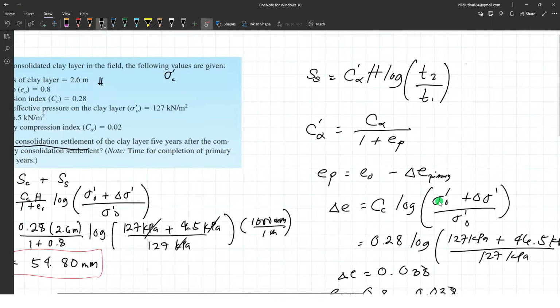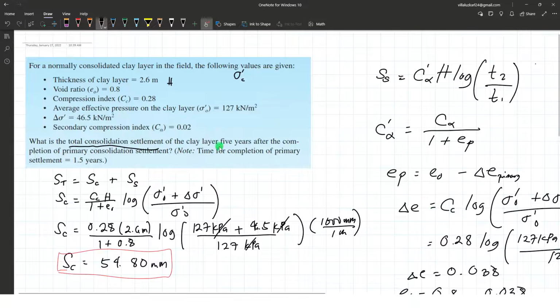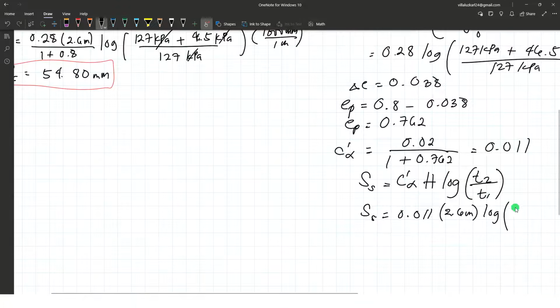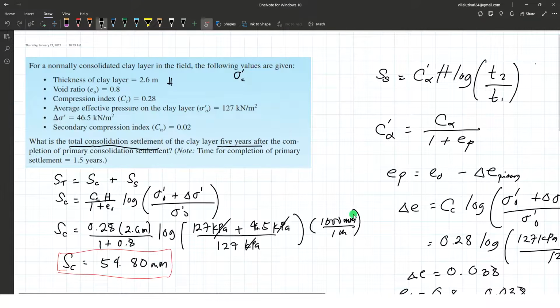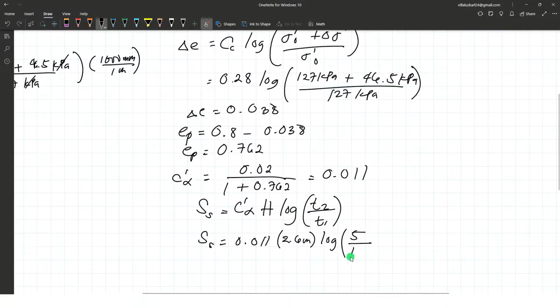T2 is the final time, which is 5 years after the completion of the primary consolidation. T1 is the total time for the primary consolidation to complete. Okay? So your T1 is 1.5.